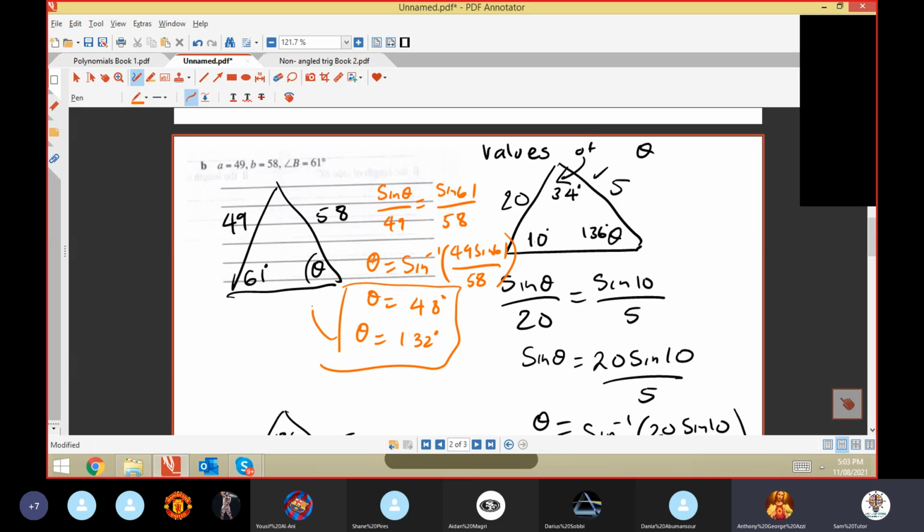Would 132 work in here? Well, again, 132 plus 61. Ah, crap, we're too big again. So this one, unfortunately, just won't work in this case. But I can make cases where they can both work, as you just saw. And I think what you guys can realize, I think maybe Yusuf realized, that if this angle is small, technically you probably can get two angles in.